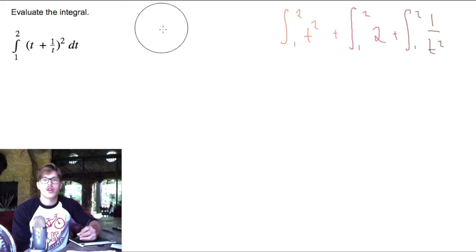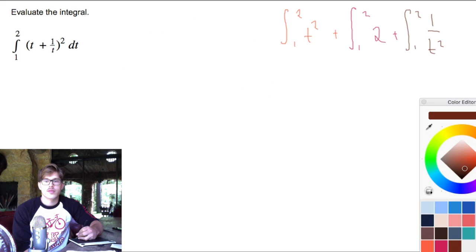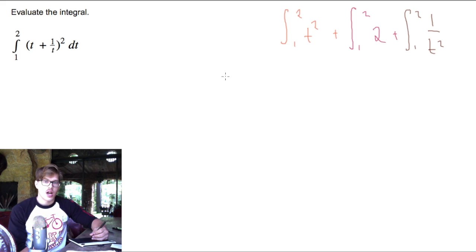Alright, so let's solve each of these one by one. These are pretty basic integrals. You solve an integral of a power as the opposite of the derivative. A derivative is you take down the power and then subtract 1, i.e. the derivative of t squared would be 2t.